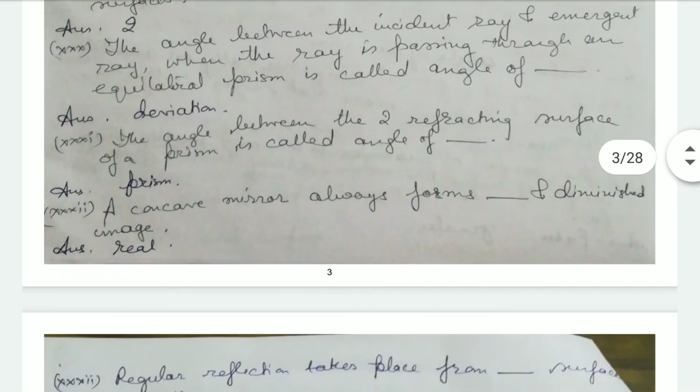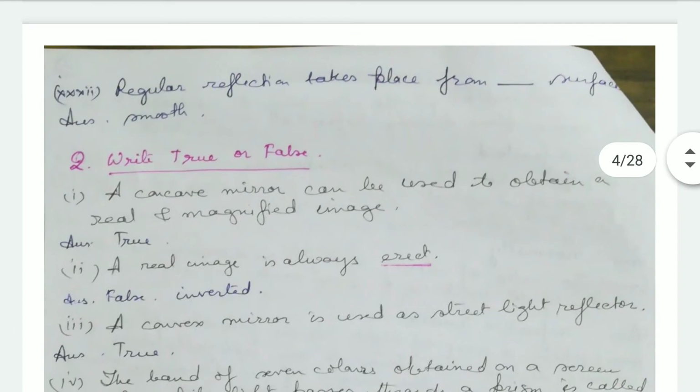The angle between two refracting surfaces of a prism is known as angle of prism. A concave mirror always forms a real and diminished image. Regular reflection takes place from a smooth surface.